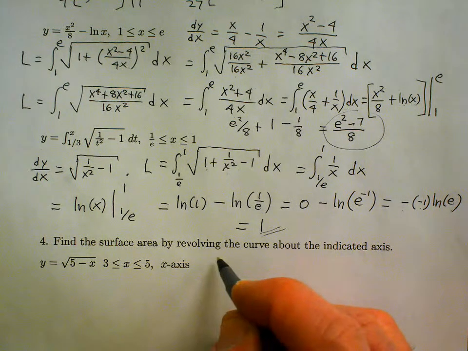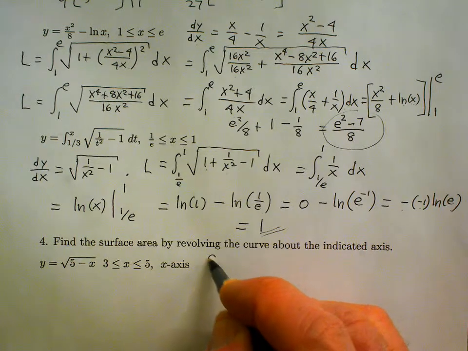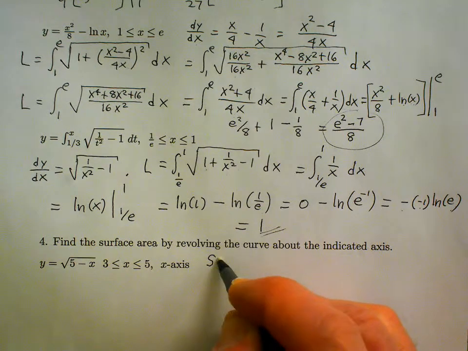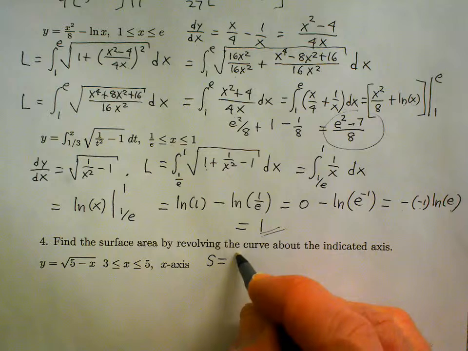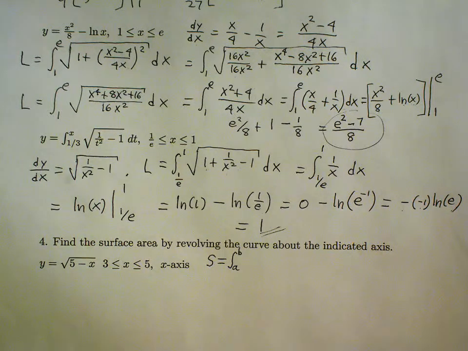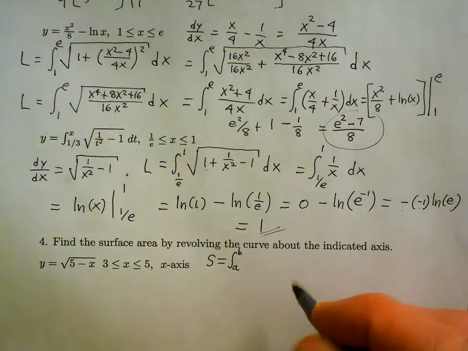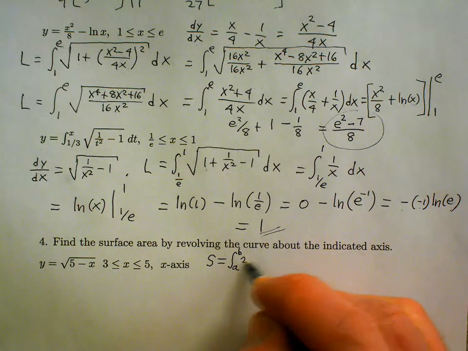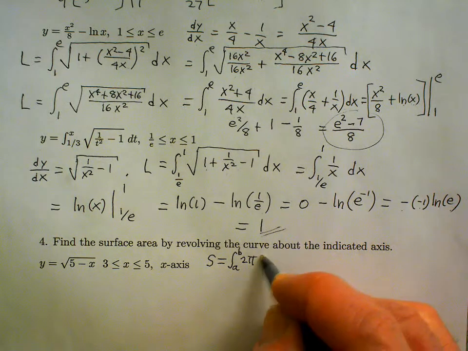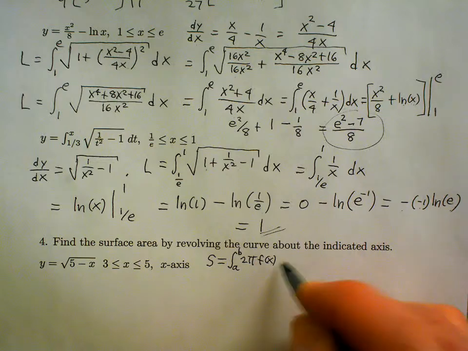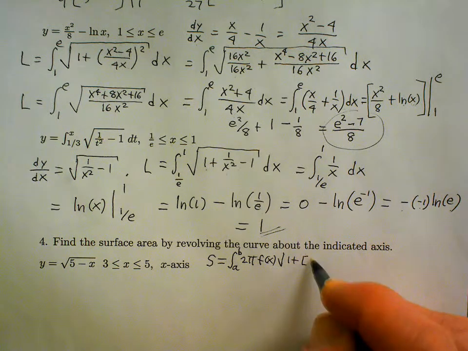If we rotate a function of x about the x-axis, the formula for surface area is the integral over the interval from a to b of 2 pi times f of x times the square root of 1 plus the square of the derivative.